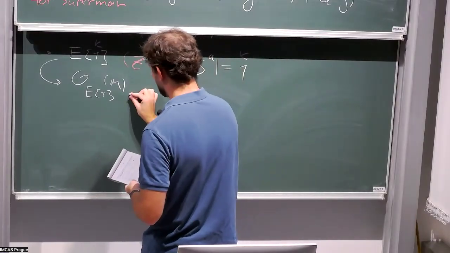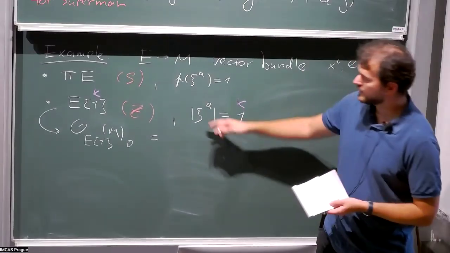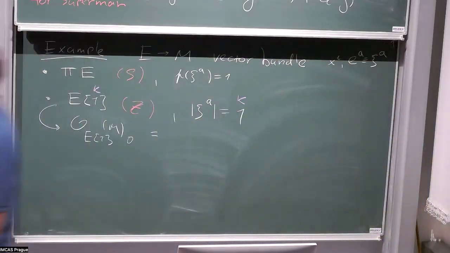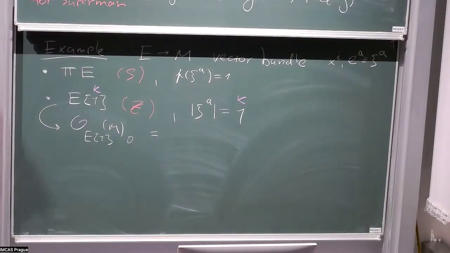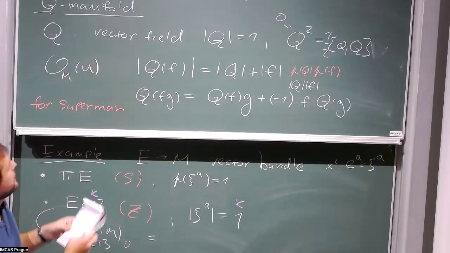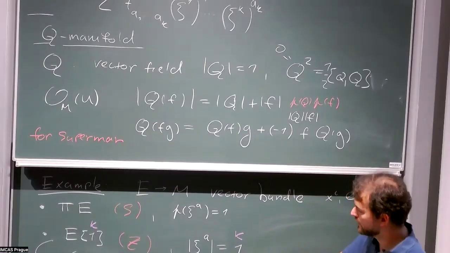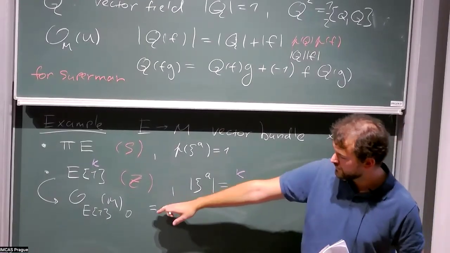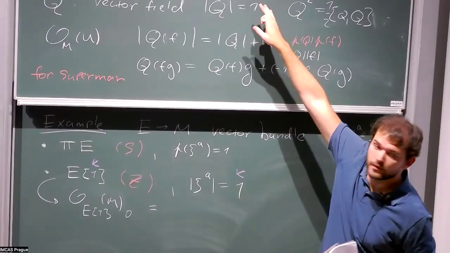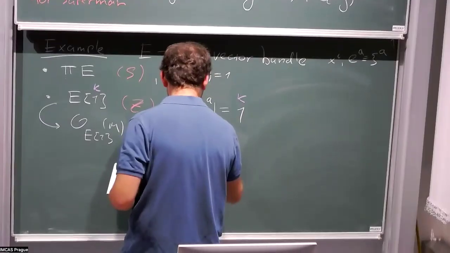So of degree 0, locally, I said that locally functions on a Z manifold look like, where was it? Right there. Power series of the appropriate degree. But here we only have coordinates of degree 0 and of degree 1. So the only way to make a function of degree 0 is to have no graded coordinates there. So these are just the smooth functions on the base.